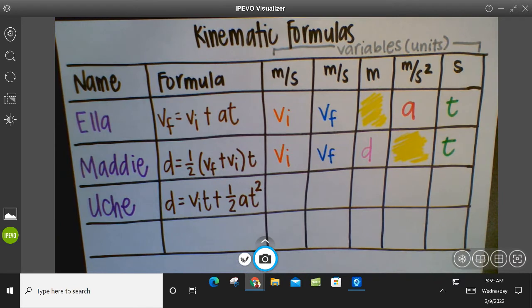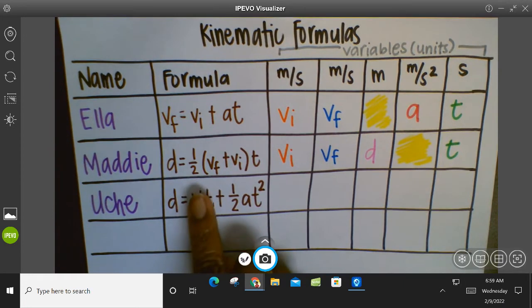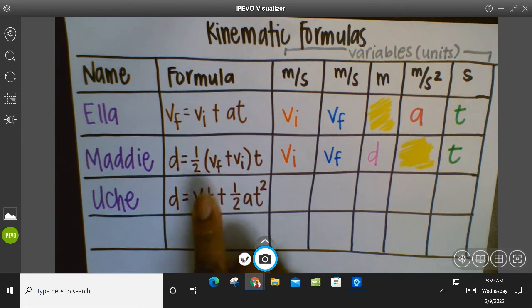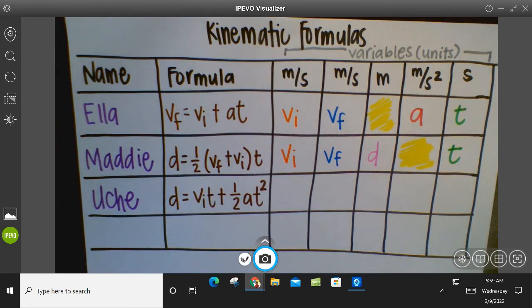You should be familiar with this a little bit, because when we spend a little time looking at free fall, because initial velocity was 0, we took that out. Okay, we took this part out. And to find the distance, it was 1/2 acceleration times time squared. So this formula should be a little familiar.